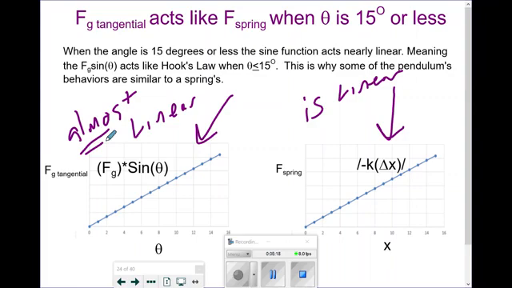And that limitation is the angle. It needs to be less than 15 degrees, or 15 degrees at a maximum, for this approximation to work. A spring, that's another story. Unless you overstretch the spring where you start to break the spring, you can always use that as a simple harmonic oscillator.